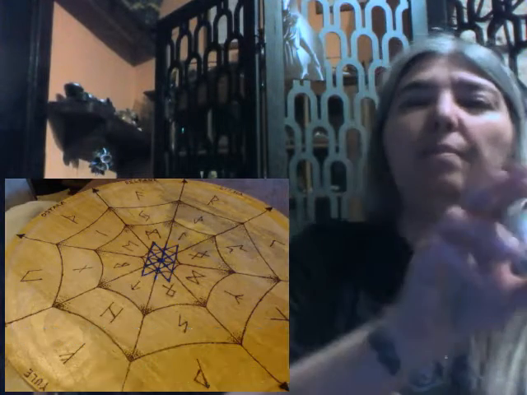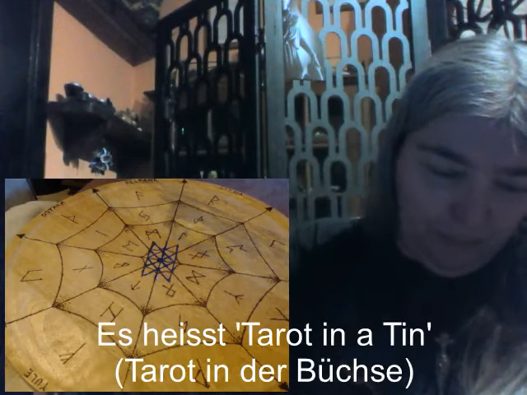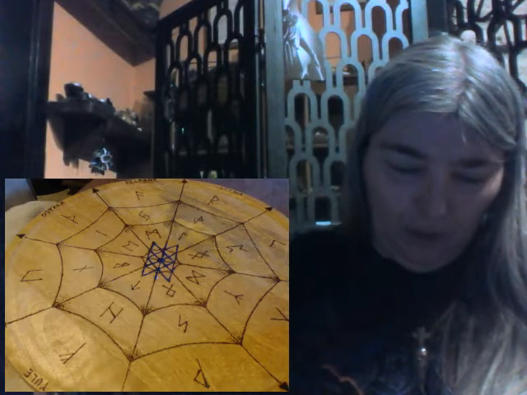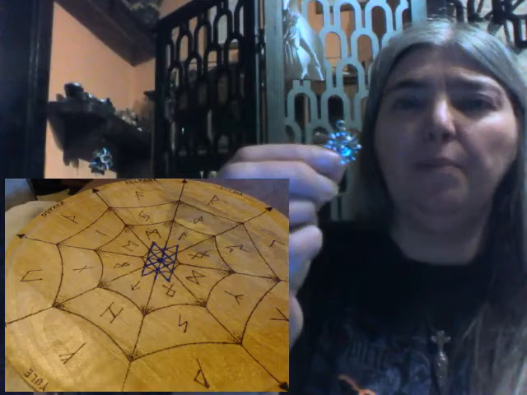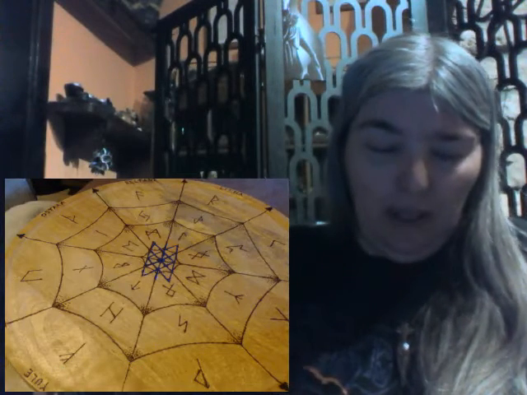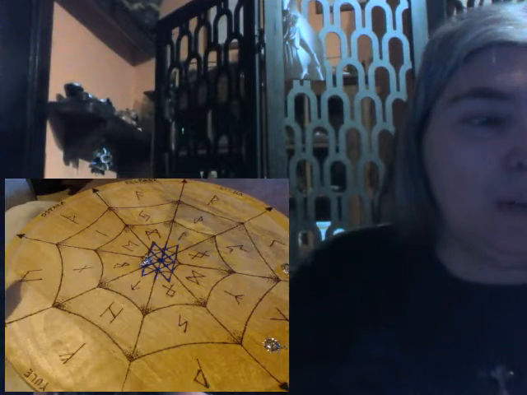It's tarot in a tin, where you have those small charms, and there again you can use them and throw them on the board and find out where they are going to lie.